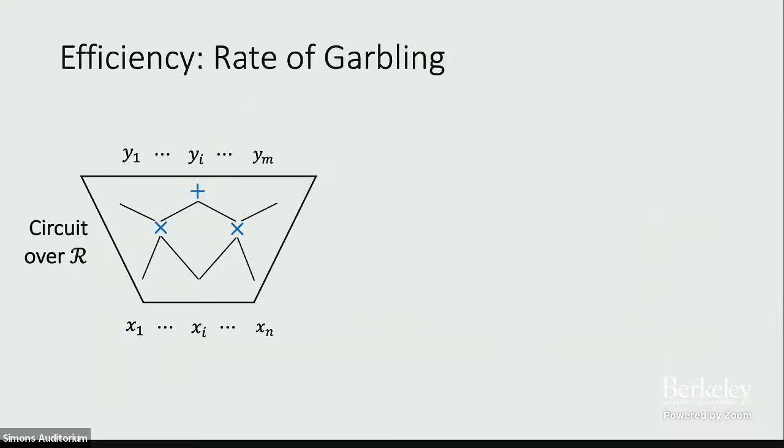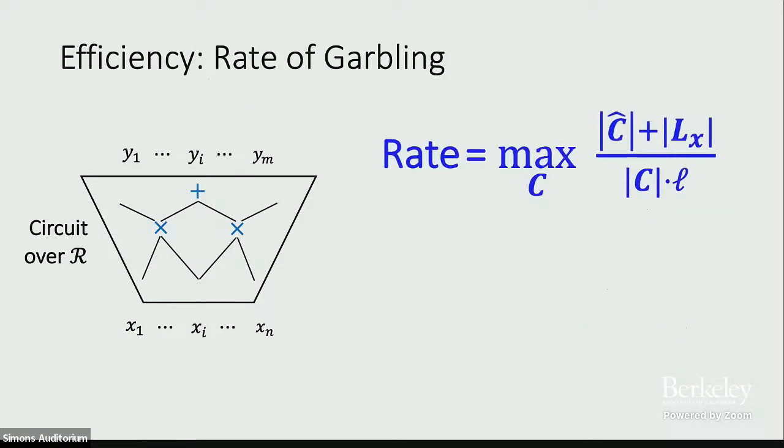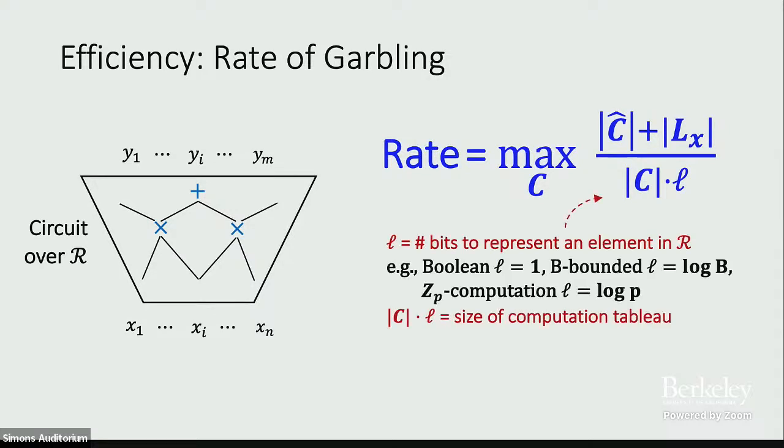All right, so more formally, what is the rate of the garbling that I've been talking about? By rate, what I mean is the size of the garbled circuit together with the input encoding, in comparison with the size of the circuit, the number of gates in the circuit description times L. What is L? L is the number of bits needed to represent the elements in the ring.